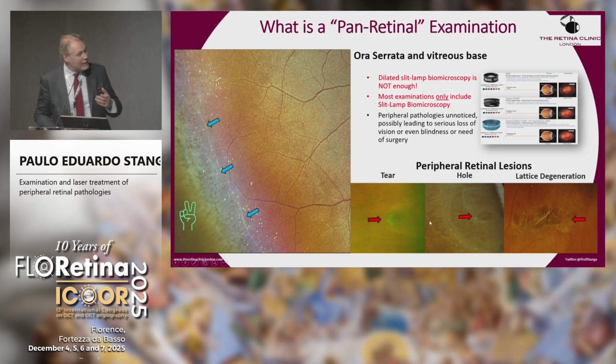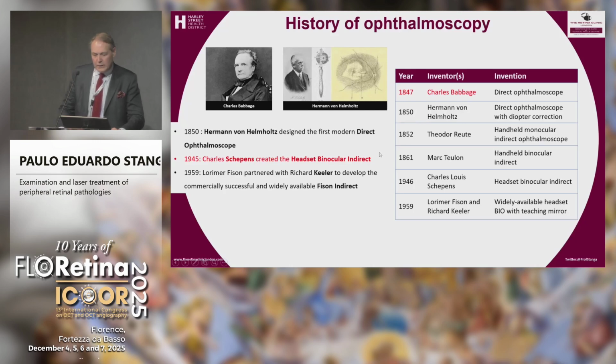And there are lesions that we definitely need to be able to diagnose, like a retinal tear, a retinal hole, lattice degeneration. So ophthalmoscopy goes a long way. It was von Helmholtz in 1850 that described the direct ophthalmoscope. Of course, we don't use a direct ophthalmoscope any longer.